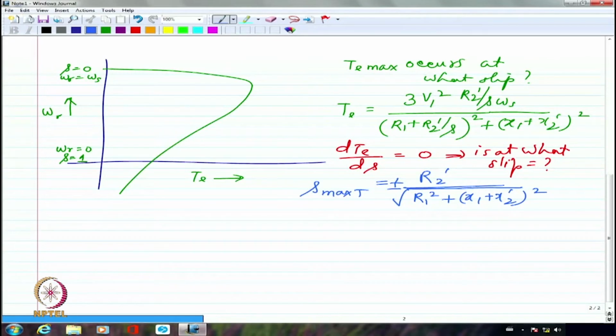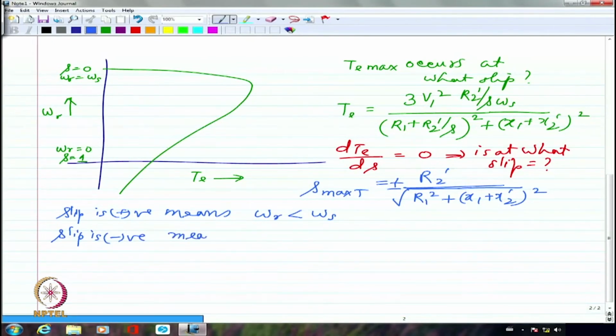One thing I want you to realize is, slip is positive means omega r is less than omega s. If slip is negative, that means omega r is greater than omega s. Very clearly, right?